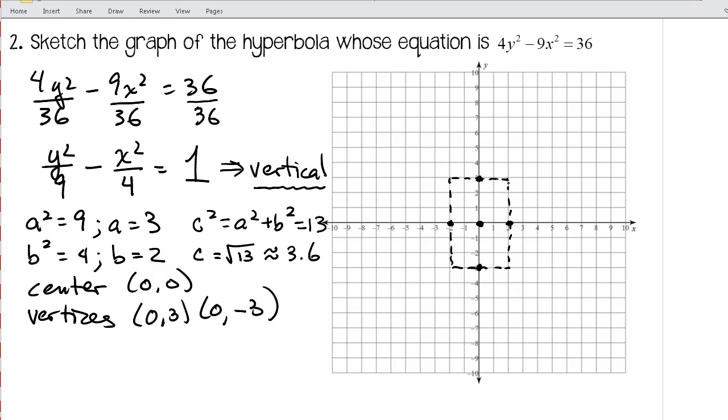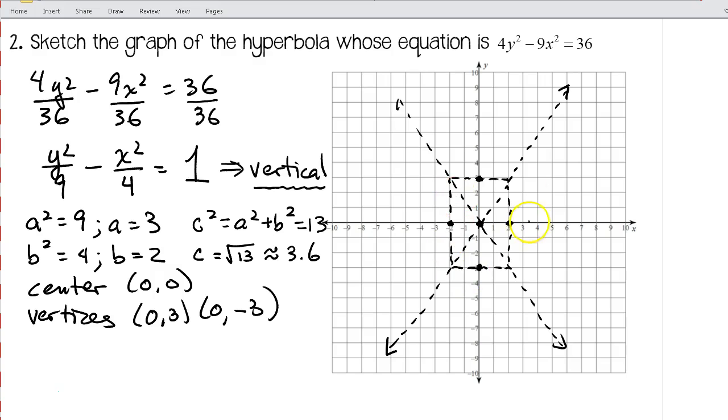And then once I have my central rectangle, I'm going to go through the opposite vertices of my rectangle to get my asymptotes. So let's go ahead and draw those in. So I've got these. There's the other one going through the diagonals.